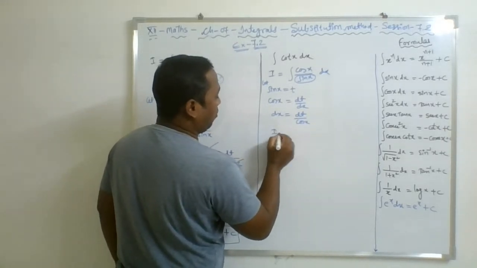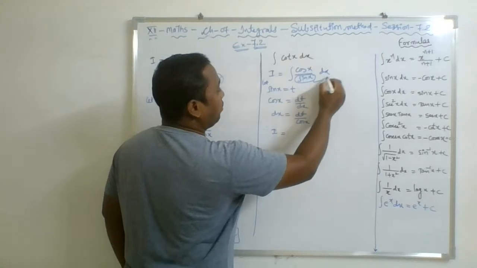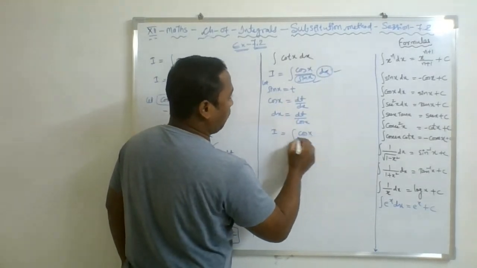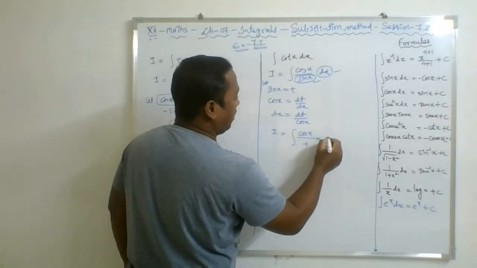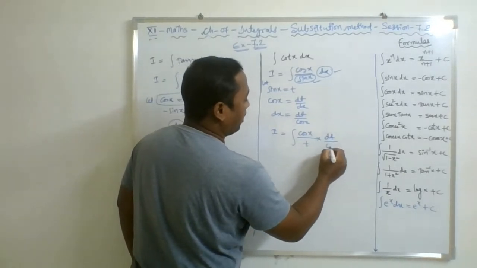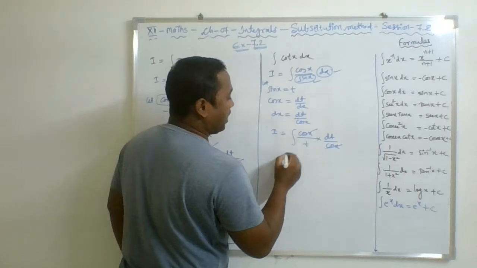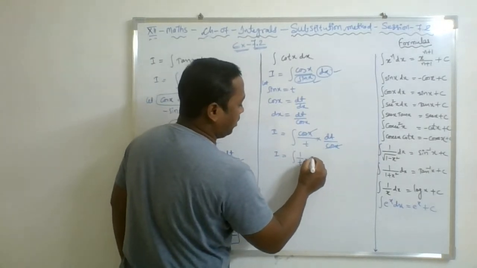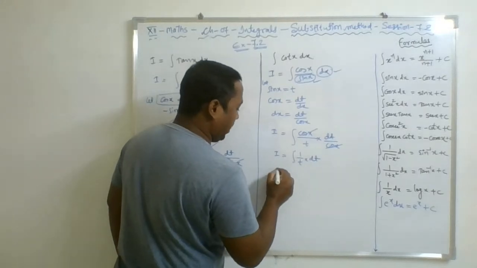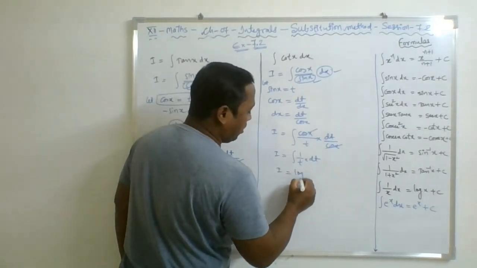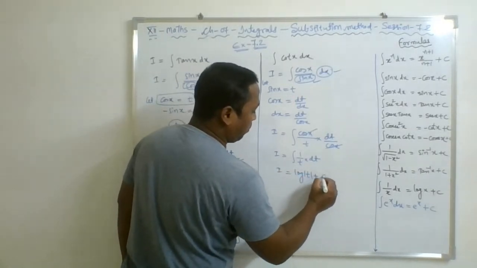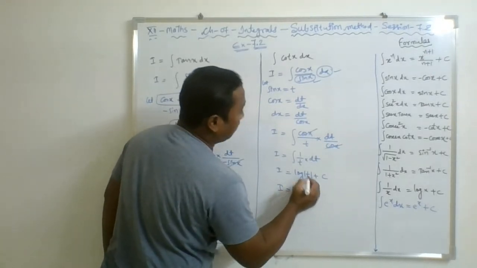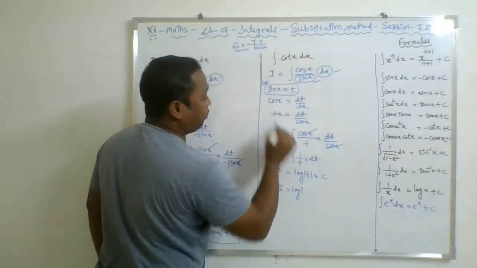Now therefore I is equal to, you need to change dx as well. So cos x upon t into dt by cos x, it cancels out. We are left with 1 by t into dt, and the integration of 1 by t is log of modulus t plus c. Then t has to be replaced with sin x.